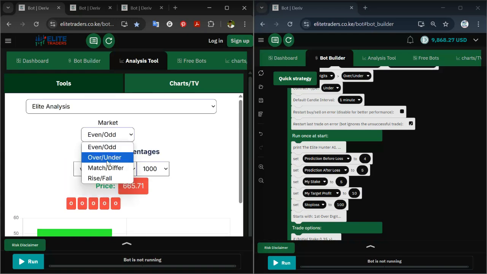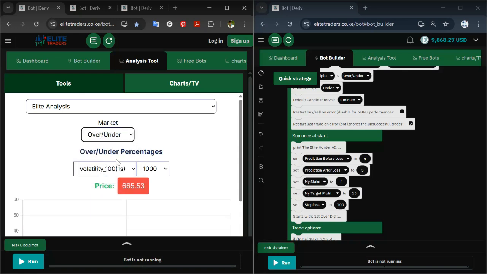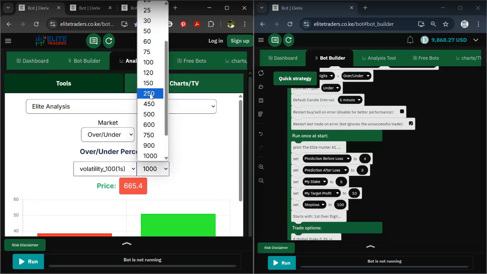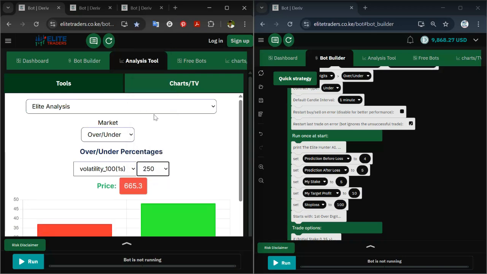So just click right and reduce the size of the screen. Then upper, you can do 250, you can do 150.